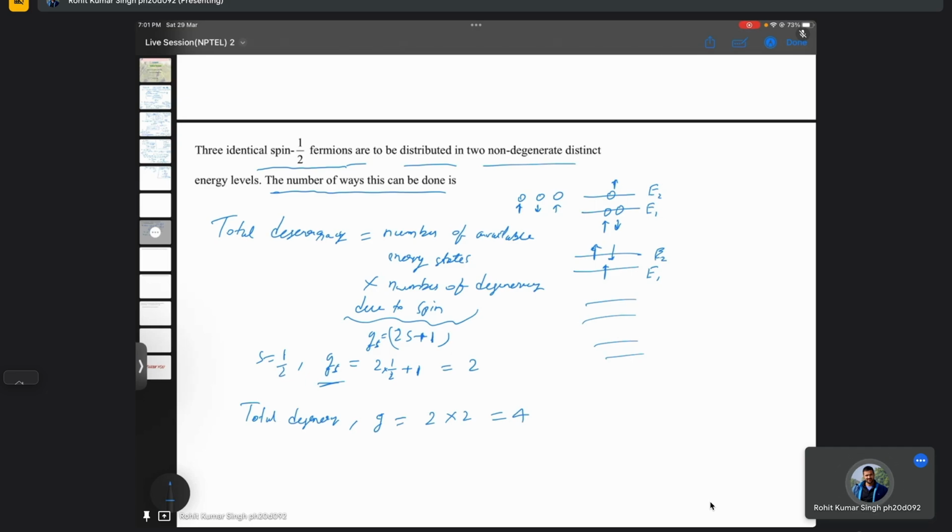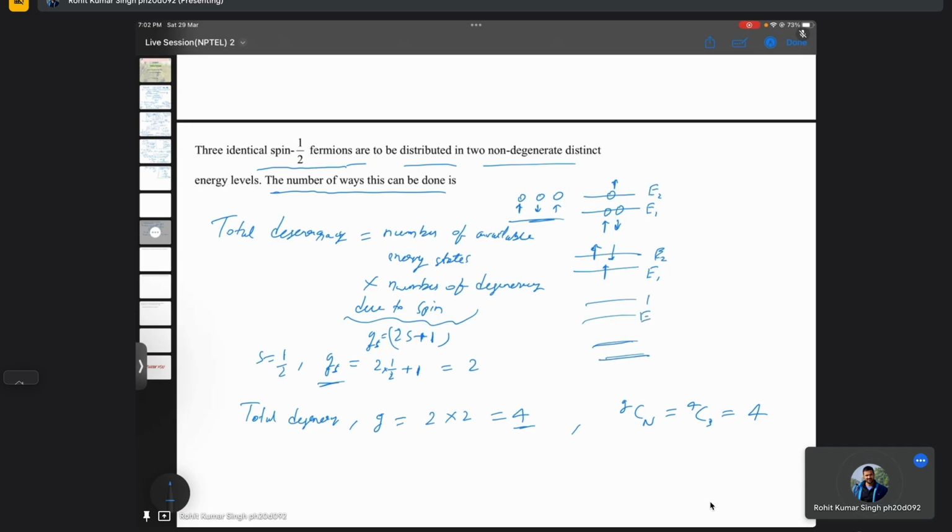And the total number of ways to distribute these 3 fermions in 4 non-degenerate states is given by G C N. We just have to take all the combinations. So 4C3, which is equal to 4. So there are basically 4 ways to distribute them.